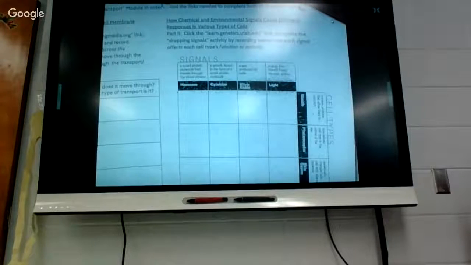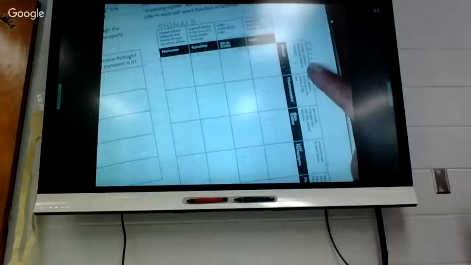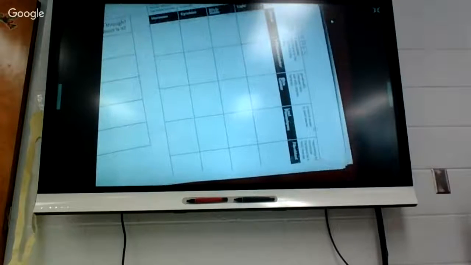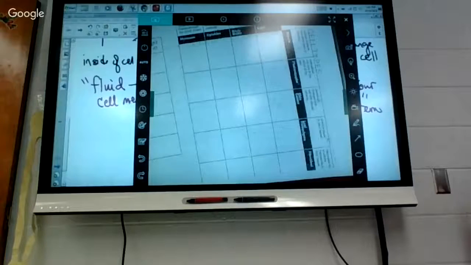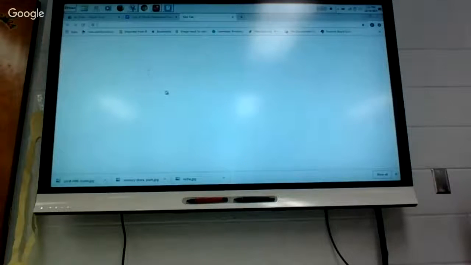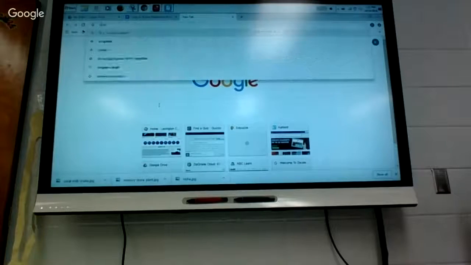So go to Google, and we're going to do the first line together, and then we're going to see how far we can get. Once you're there, it's easier than doing what I was doing earlier, trying to type in a URL. So we're just going to search the topic and it should come right up. Okay, so cell signals, not drooping.